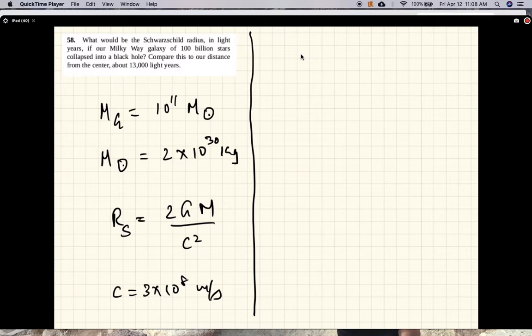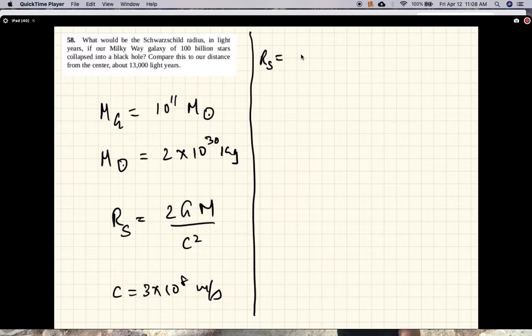Okay, let's put in the numbers. If you turned our Milky Way galaxy into a black hole, this would be the Schwarzschild radius.